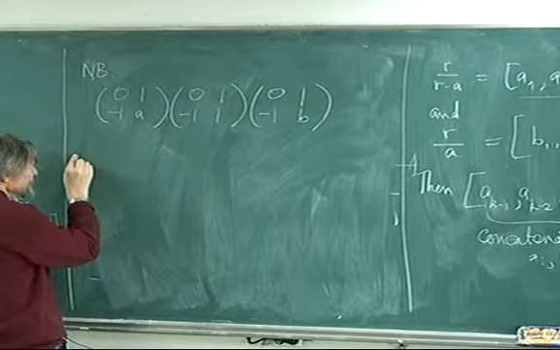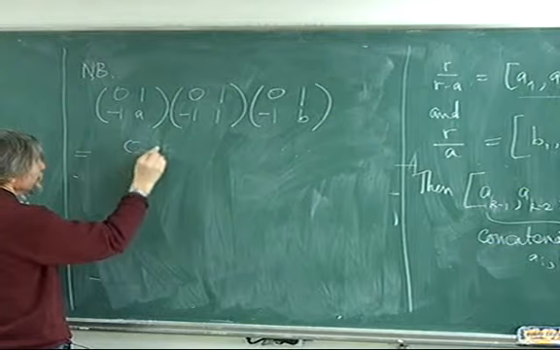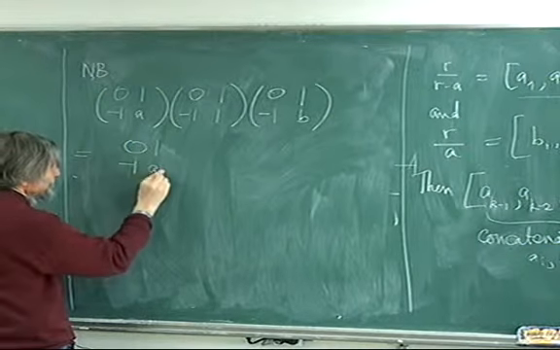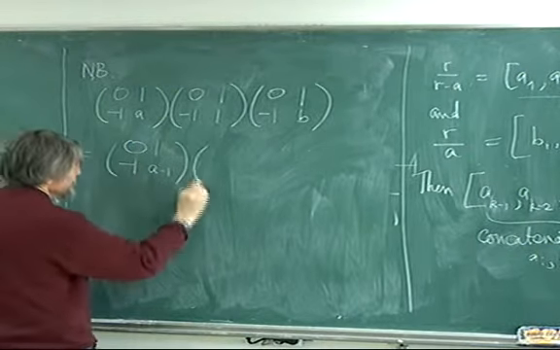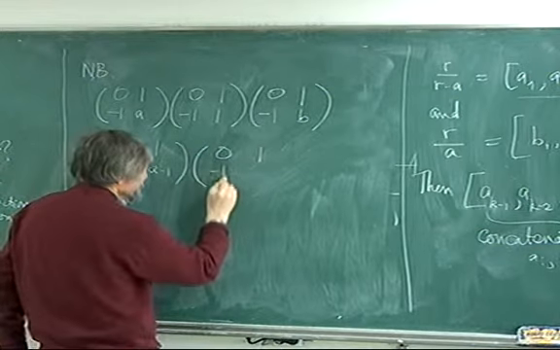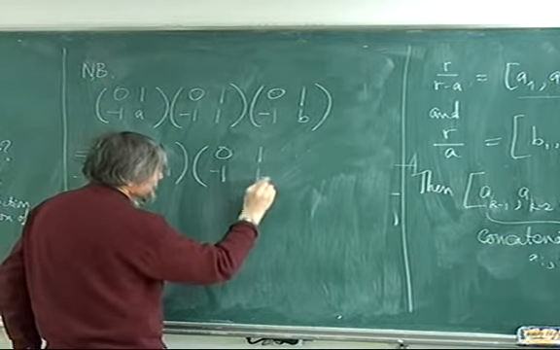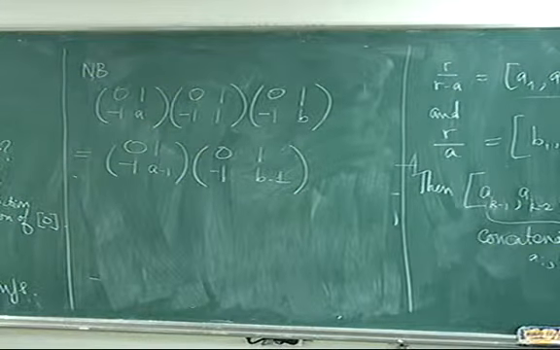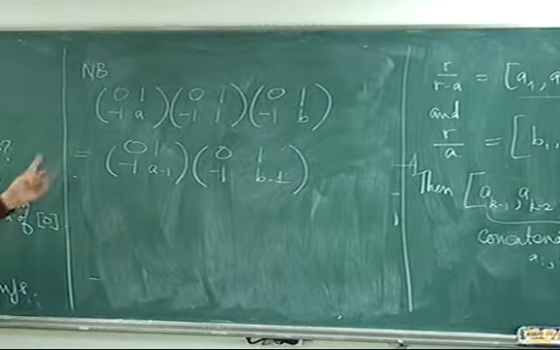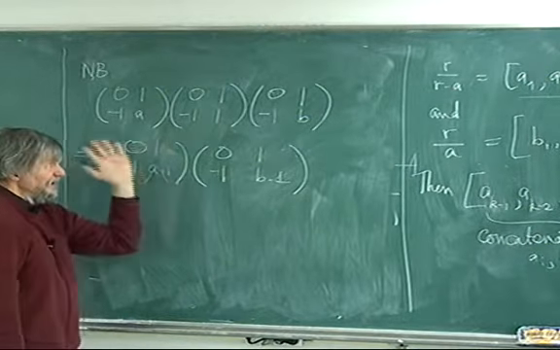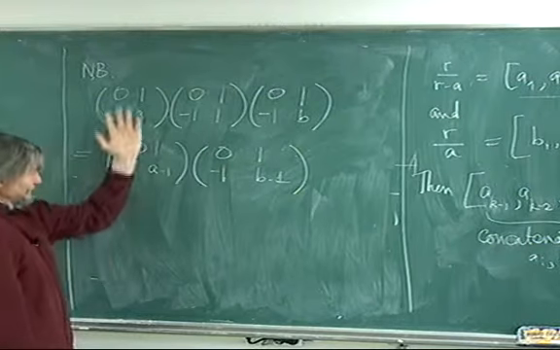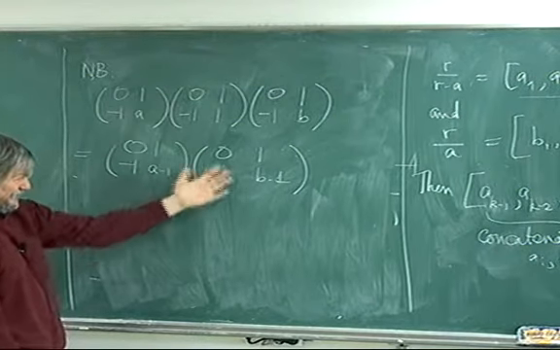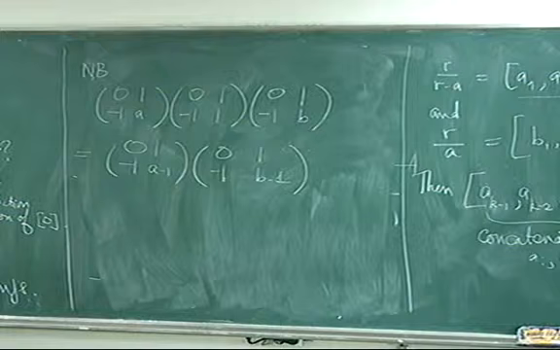That's the same thing as 0, 1, minus 1, a minus 1 times 0, 1, minus 1, b minus 1. This is just an identity in matrices. So do the calculations, just multiply out the matrices. Left-hand side is equal to something, right-hand side is equal to something, and you'll get it immediately.